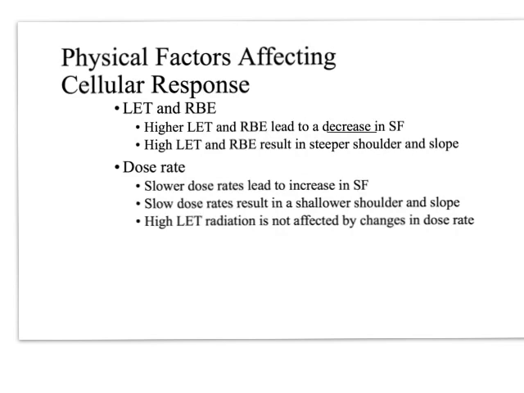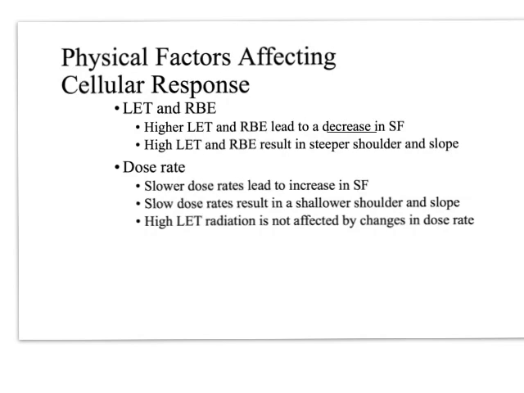If we're considering dose rates, if we use a slower dose rate, if we protract that dose out, that could lead to an increase of the surviving fraction of cells. So we call that protraction, or we decrease the dose rate, and it can lead to an increasing surviving fraction of cells. If we slow the dose rates, it can also result in a shallower shoulder and a lower slope of that curve.